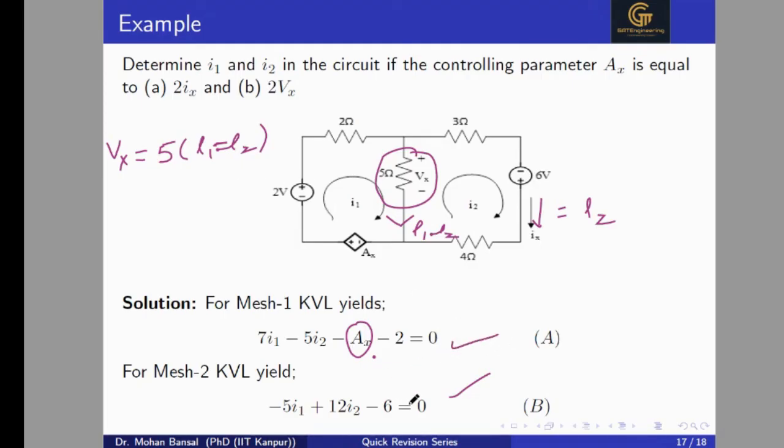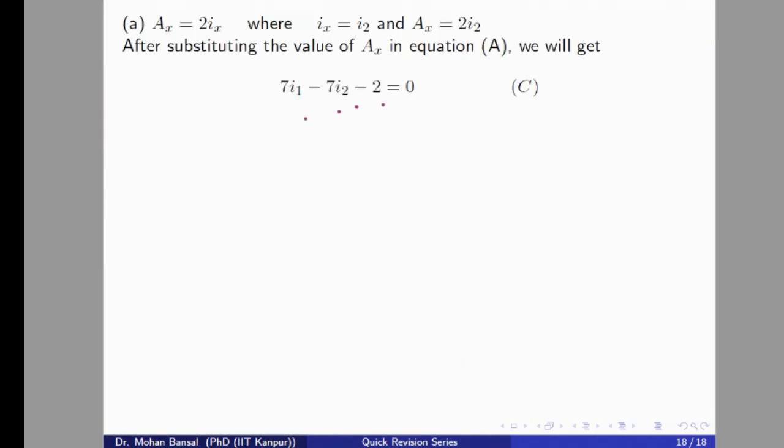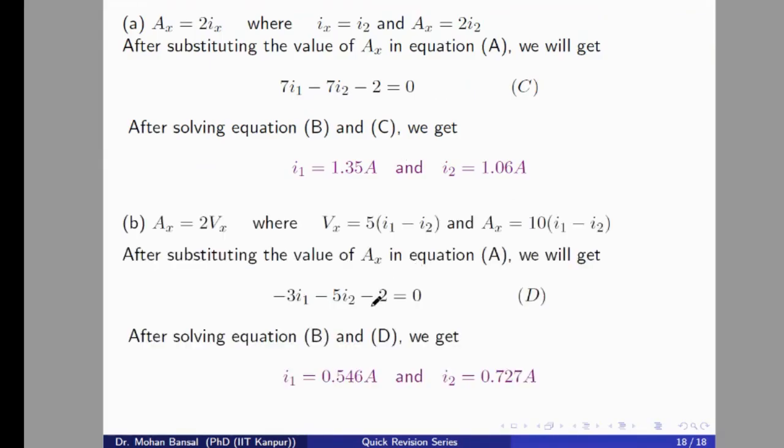One is this one and one is this one. Here we substitute Ax equal to 2Vx, or we can write Ax equal to 10 into I1 minus I2. When we solve this, we are getting another equation. If we solve equations B and D, we will get the values of I1 and I2. This is the solution for the problem.